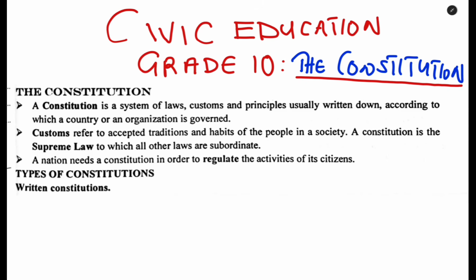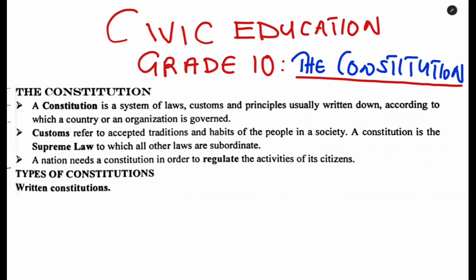Then we should be able to look at the contents of the Zambian Constitution. Then we are going to look at the history of the Constitution making process in Zambia. Afterward, we are going to look at the Constitution making and adoption process. Then we are going to look at the characteristics of a good Constitution, and we are going to end by looking at the importance of the Constitution.